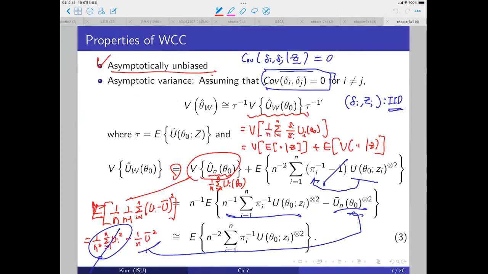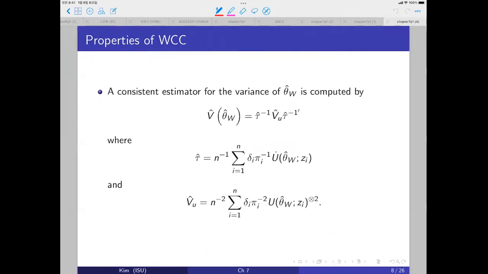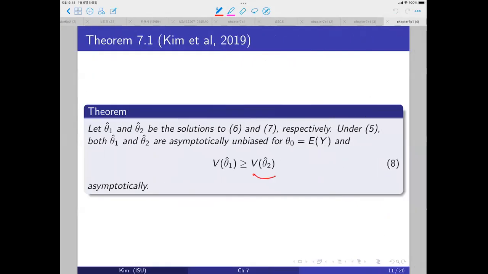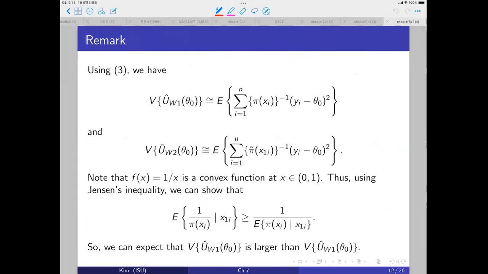So using this formula, we get this result. So basically, this is the probability, the pi I corresponding to using the full model. This is the pi I using the reduced model.